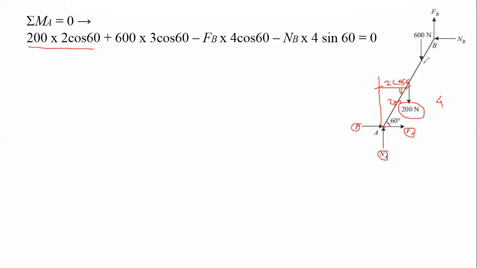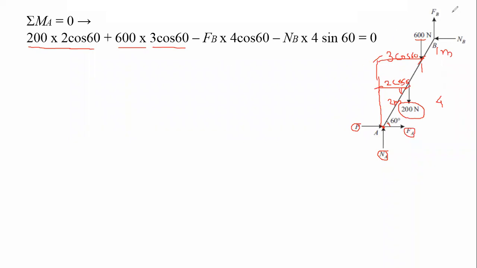Plus, due to this 600 Newton weight, which lies at 1 meter from the top, it means 3 meter from the bottom. Similarly, the perpendicular distance, as previously calculated 2 cos 60, becomes 3 cos 60, so multiply by 3 cos 60.